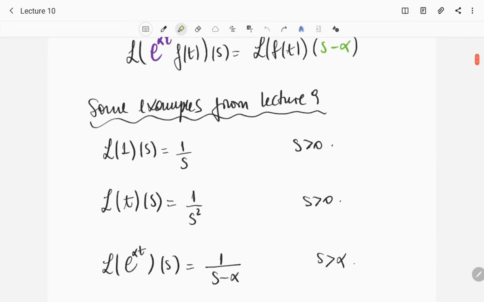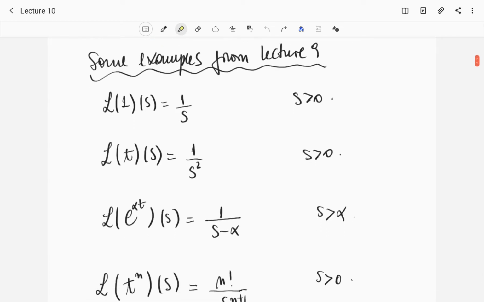Okay, some examples that we saw in lecture 9. The Laplace transform of the function 1 is 1 over s. Function t is 1 over s squared. The exponential function is 1 over s minus alpha, which of course coincides with taking this Laplace transform and using the property that exponential functions go to shifting. You can check that also.